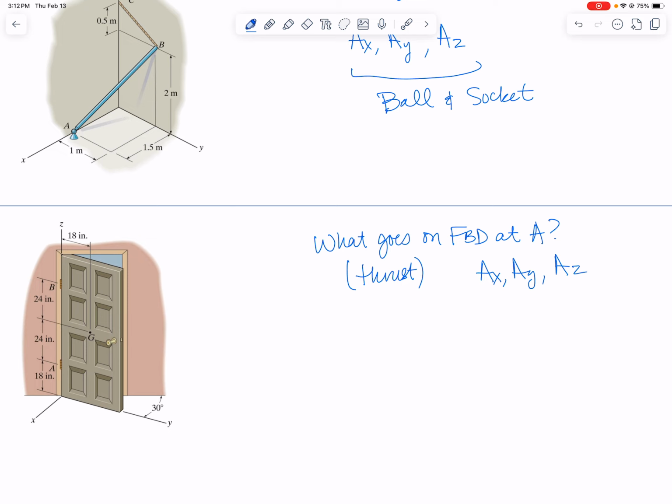If it were a journal bearing, then it would be only AX and AY, because the axis of rotation is the z-axis, so that's the direction where you would include the reaction if it's a thrust bearing, but do not include it if it's a journal bearing.